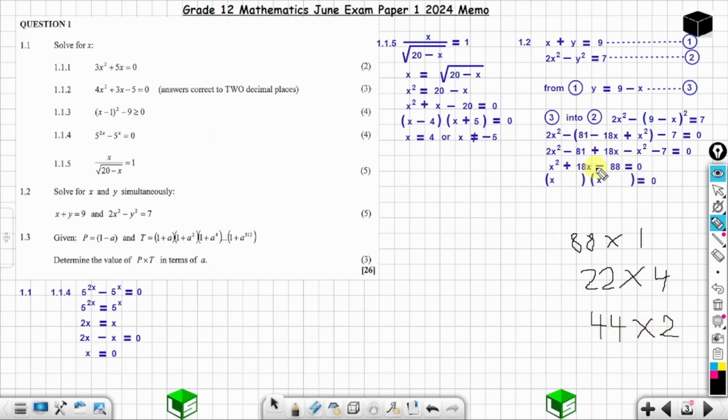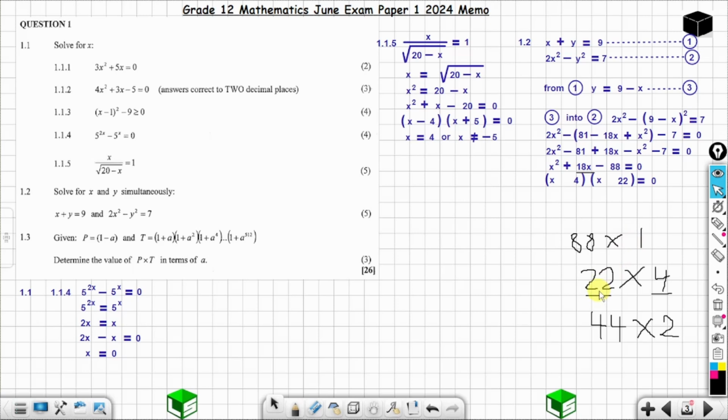You need the middle term, 18. Can you see? 22 minus 4 gives 18. So I'm going to use 4 and 22, because from 22 and 4 I can have 18.